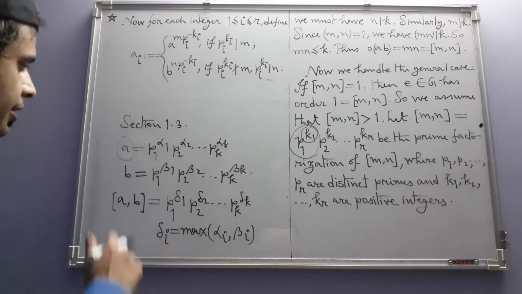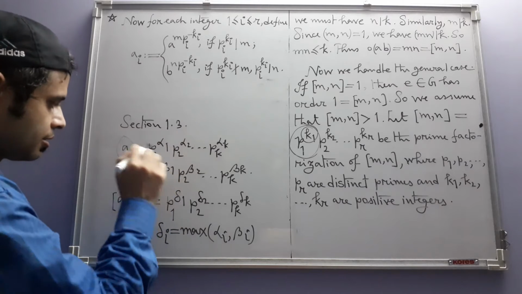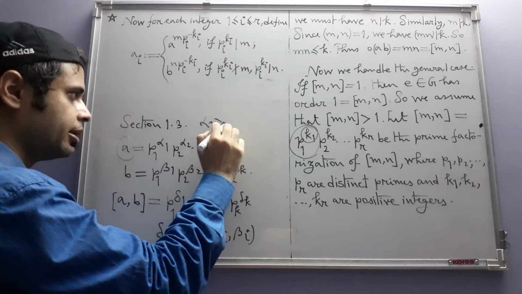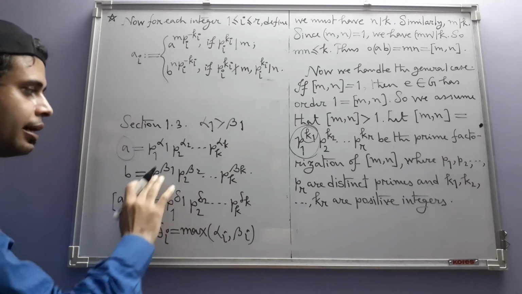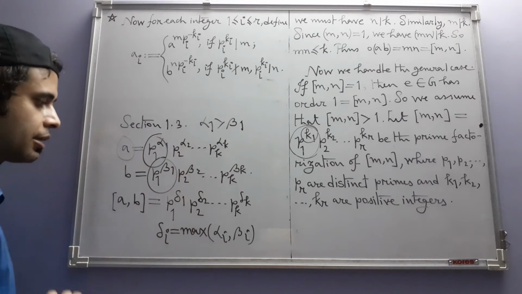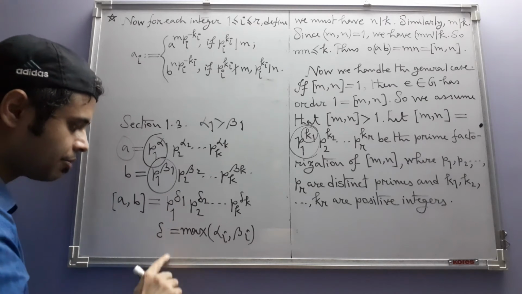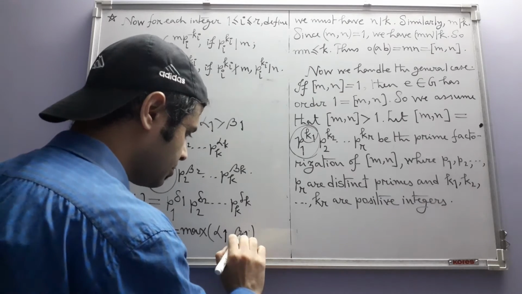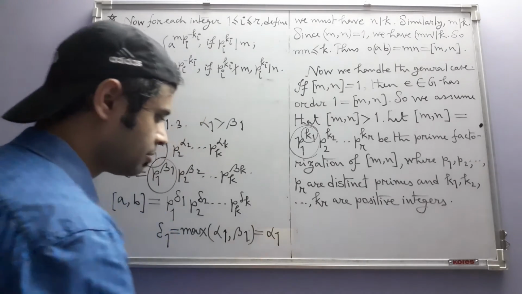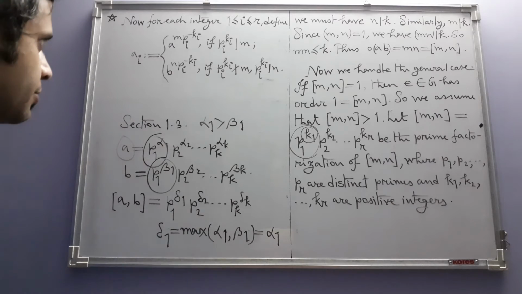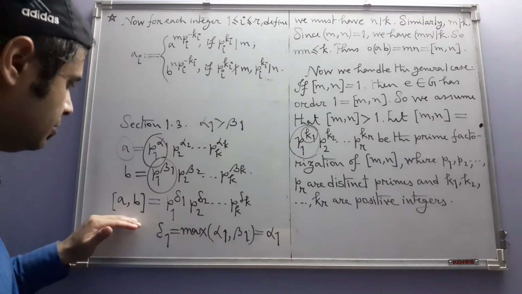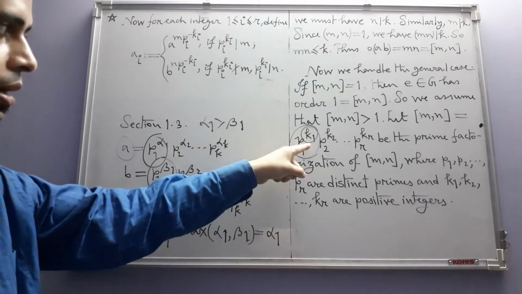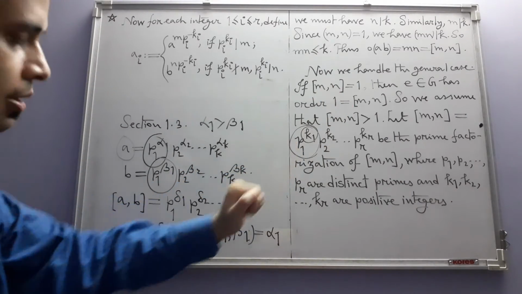Do you see that? If, say, in this particular case, suppose alpha 1 is greater than beta 1. Forget i, let us take the first factors. Then what will be delta 1? Delta 1 is the maximum one, so this is equal to alpha 1. So this is the prime factorization of the LCM of A and B, like how this is the prime factorization of the LCM of m and n.